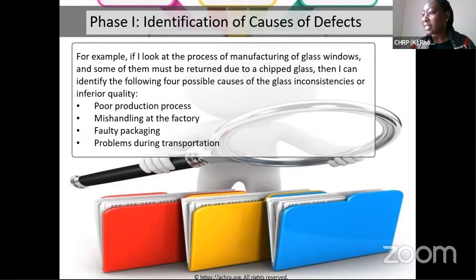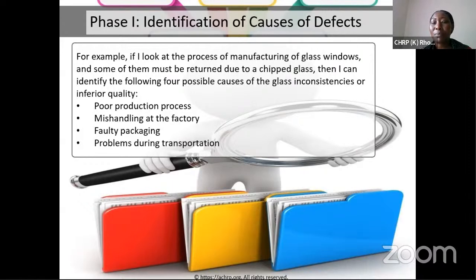And here is just an example of a situation in a manufacturing industry. This company actually manufactures glass windows, the windows we normally use in our real estate, in our houses, and any glass windows that can be made is what this organization is doing.